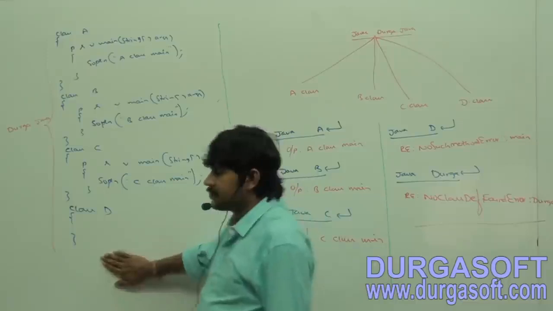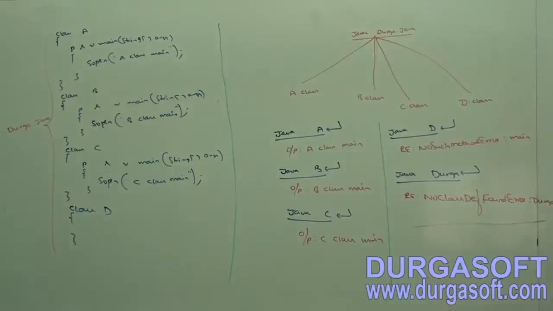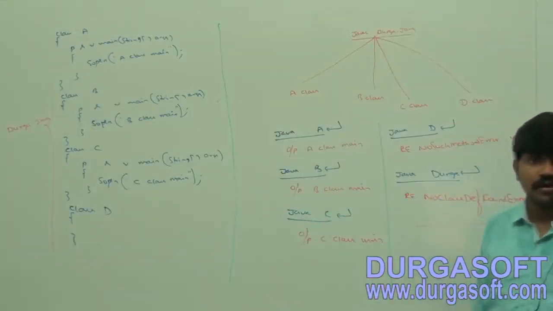And then class D. Completed, I hope: class A, class B, class C, class D. Even though these are very basics, clarity must be required for you people.